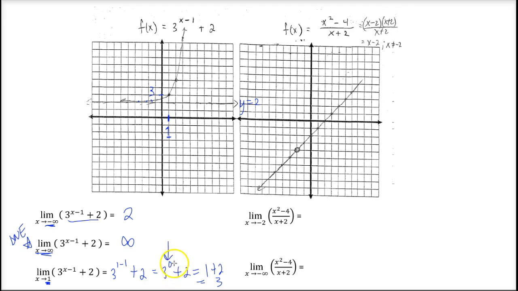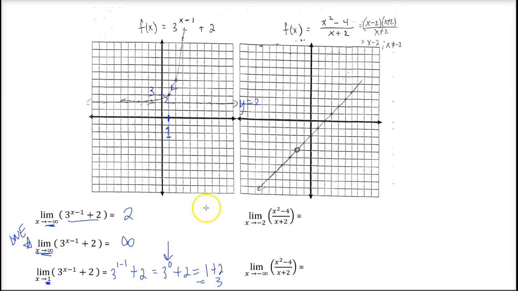Any non-zero number raised to the 0 power is 1, so 3 raised to the 0 is 1, and 1 plus 2 is 3. So we know the behavior of this function as x approaches 1 from both the left and the right is approaching a y value of 3. Again, I'm sorry about getting that confused with 2.